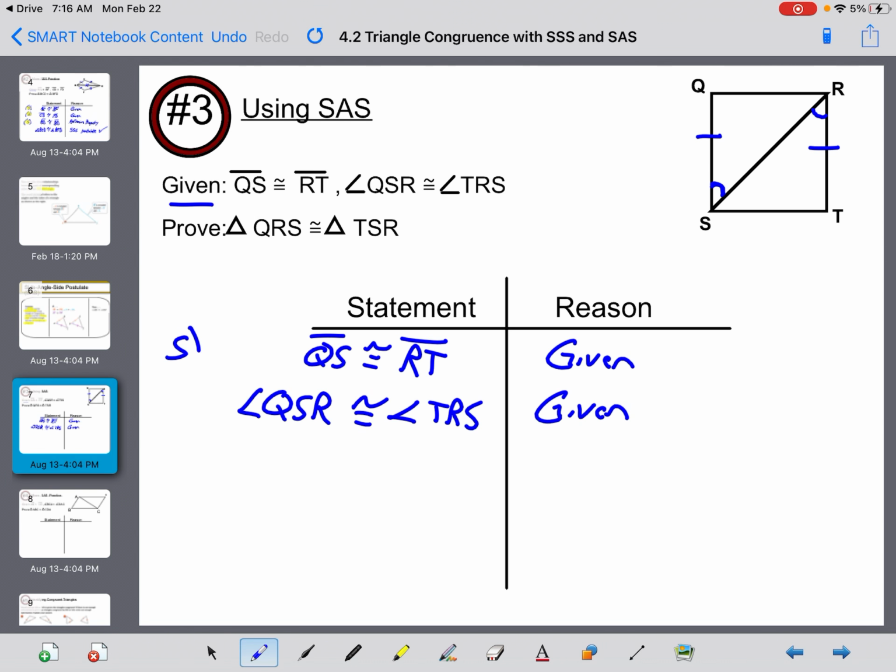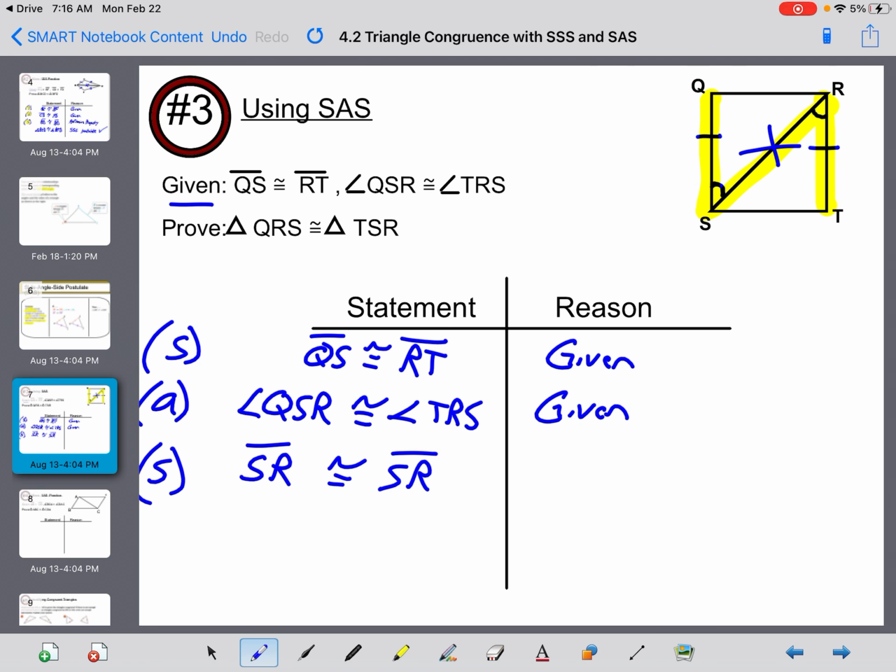So we have a side, we have an angle, and now we need one more side. And again, if we were to follow this path, we would need side SR, which is shared by both triangles. So SR is congruent to SR. And when it's shared and we place an X over it, that means it's reflexive.